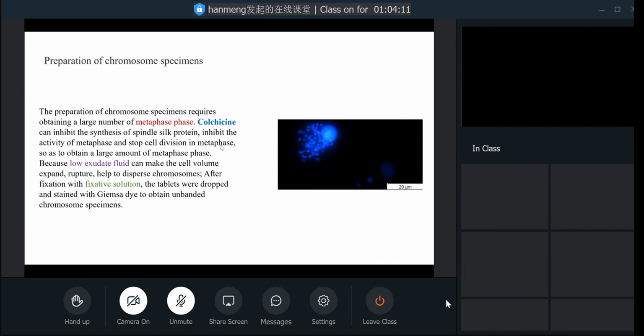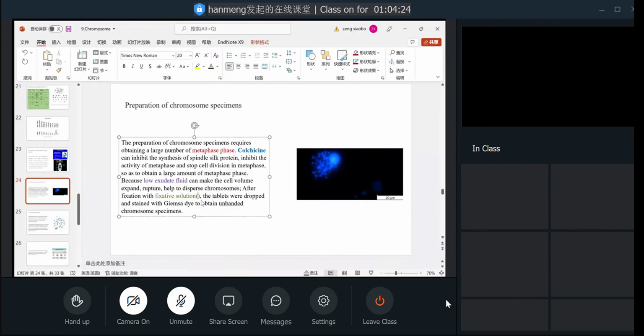After that, fixation with a fixative solution or the Carnoy solution. Here is the Carnoy solution.